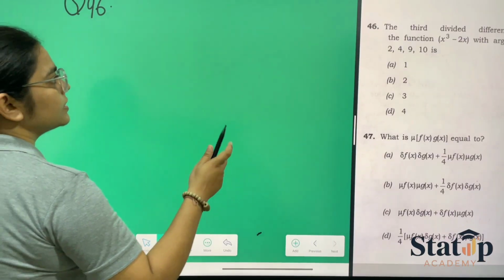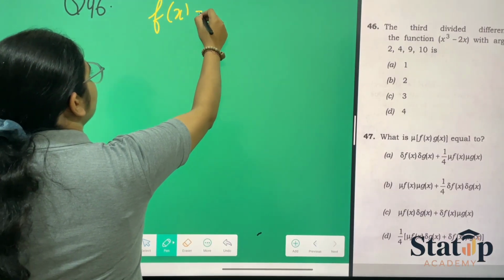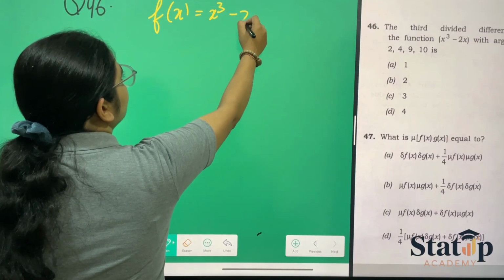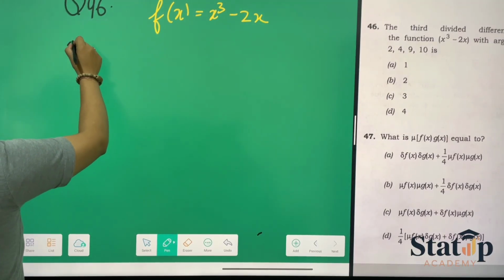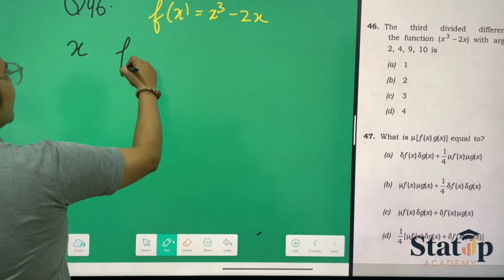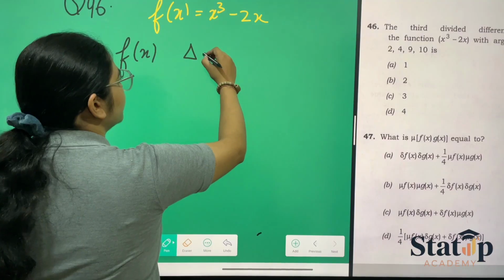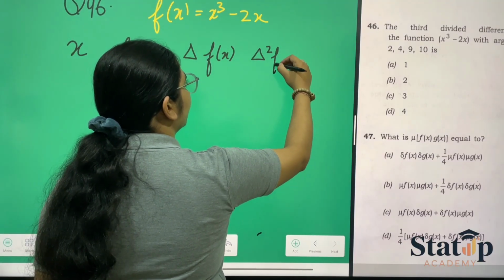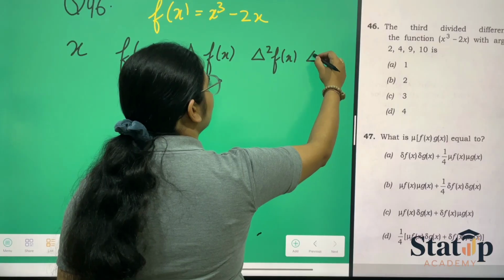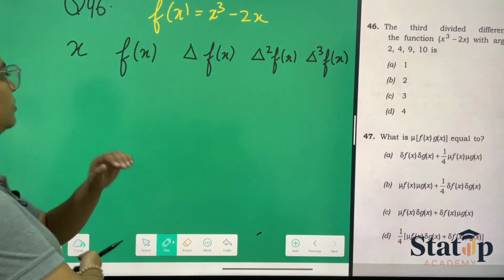Question number 46 has given us the function f(x) equals x cube minus 2x. So we will be making a difference table. Suppose we are taking the values of x, f(x), and we will be taking differences. We have to take the third difference, so we will be taking it till the third difference: delta square f(x) and delta cube f(x). This we will be considering. Okay.